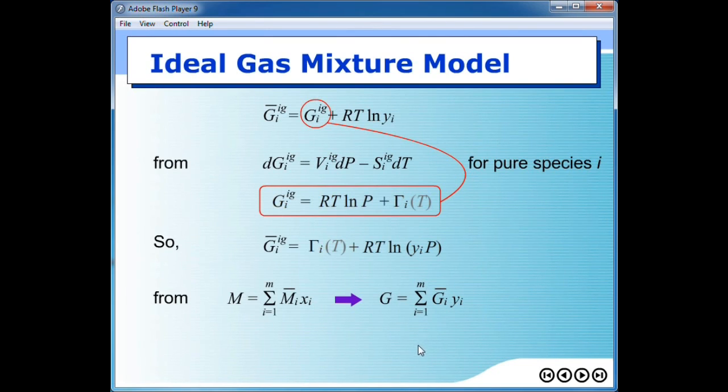It's gas, it's not liquid. I put IT here just to say it's an ideal gas. Then use this equation, plug it in here. After plugging this one back in there and rearranging the equation, finally I get this equation.